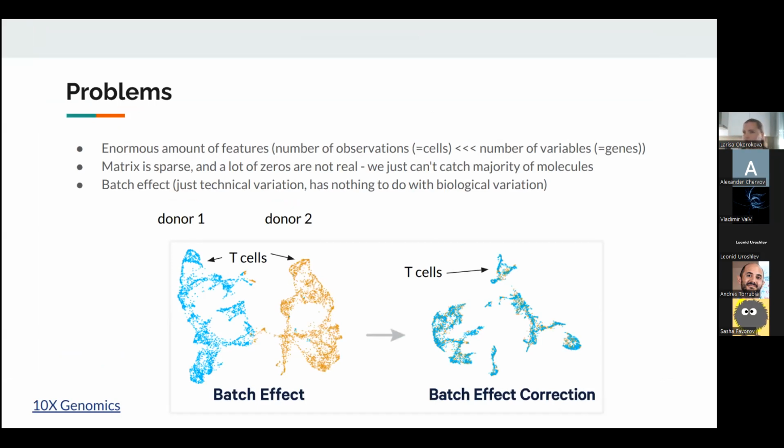This is due to technologies. We just know how to read all kinds of RNA from the cell, which is why we have all kinds of RNA in our table. For a typical experiment, we will have around 60,000 features, and it's a very good thing if we have, I don't know, 2,000 cells, maybe 10,000 cells.